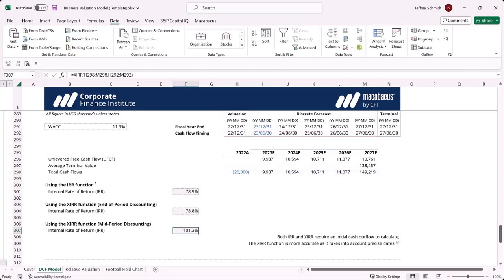Press enter, and whoa, all of a sudden we have a 101% internal rate of return. Whether you're doing mid-period discounting or end-of-period discounting or just using the regular IRR function, these are all extremely healthy returns. So you would definitely want to make this investment.